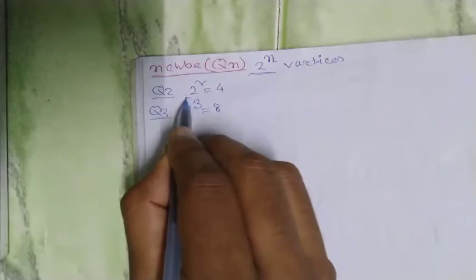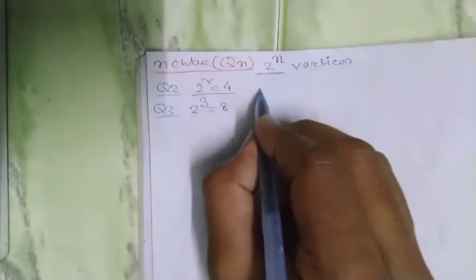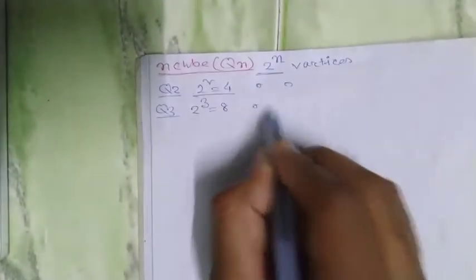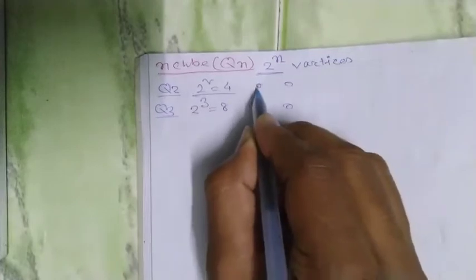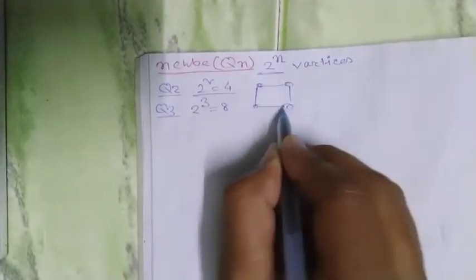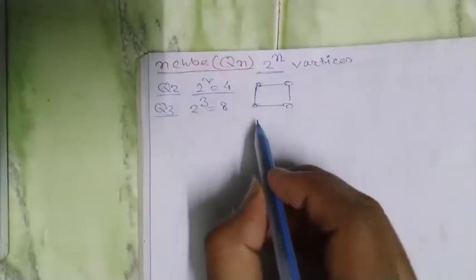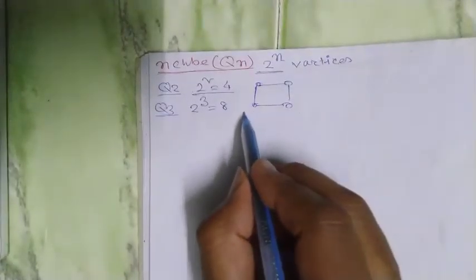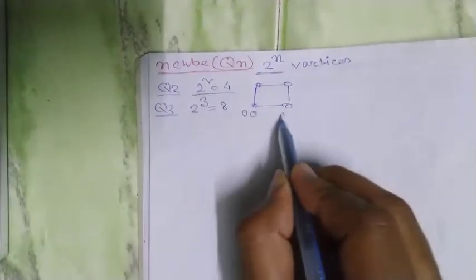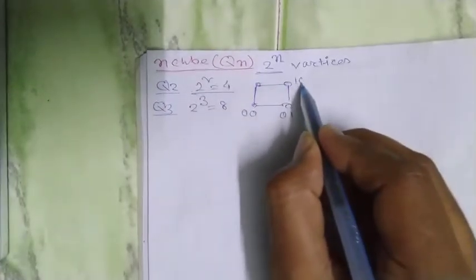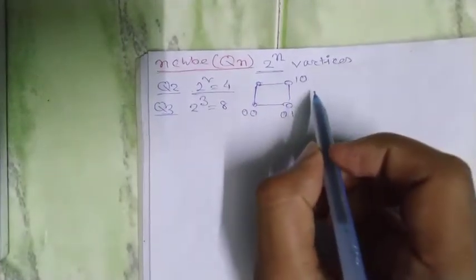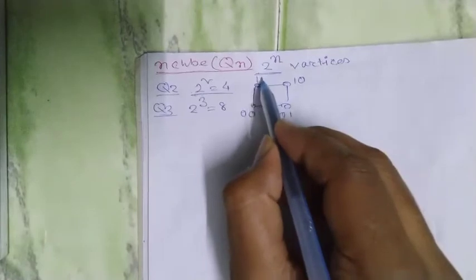Like if we are discussing Q2, there are 4 vertices, okay, and we know for representing 4 numbers we need 2-bit binary representations. So this is 0 0, 0 1, 1 0 and 1 1.